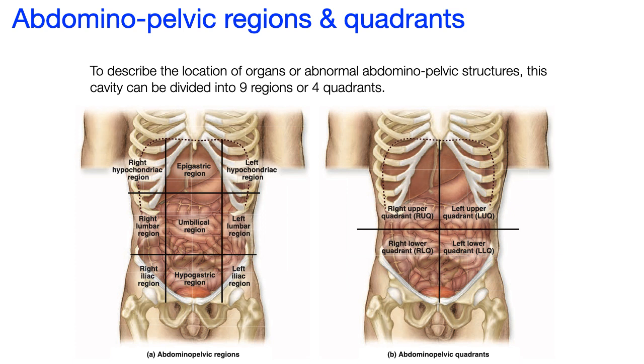But for a more accurate location, there is a system of 9 regions where the central one is the umbilical region, with the epigastric region above it and the hypogastric region below it. Then we have 3 regions at each side that are called, from top to bottom, hypochondriac region, lumbar region, and iliac region.